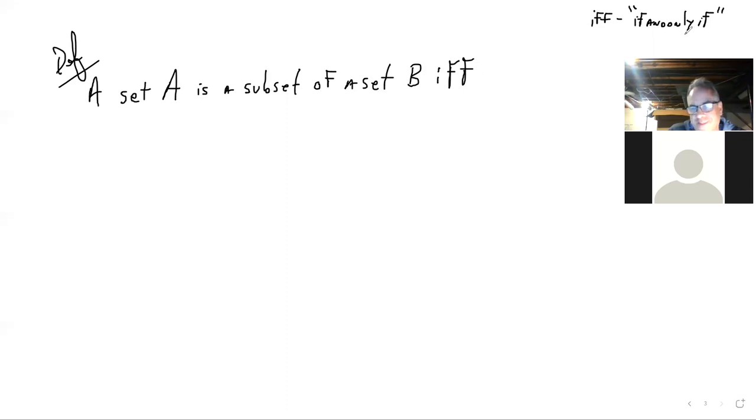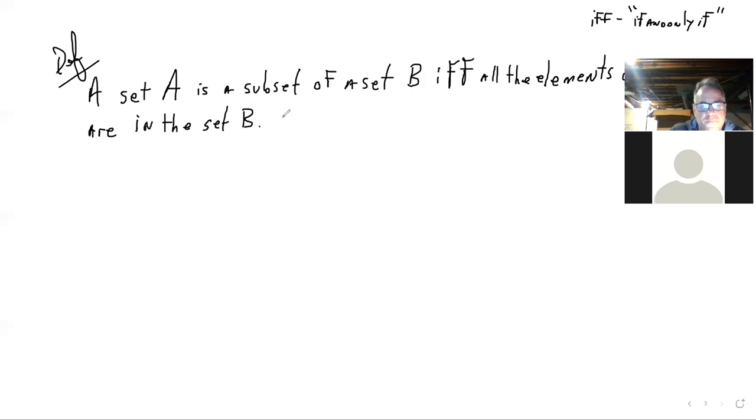What this phrasing means is the door swings both ways. And I'll explain it when I write the statement. If and only if all the elements of A are in the set B. So if all the elements of A are in B, then A is a subset of B. If you show this, you get this.